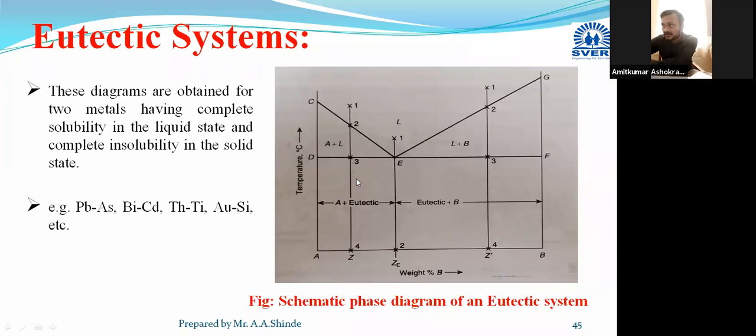Now I will explain the cooling of the eutectic alloy and the cooling of the hypereutectic alloy. First I will explain the cooling of the eutectic alloy, represented by this composition Ze. If you have any questions, please ask me, or I will continue with the next alloys.